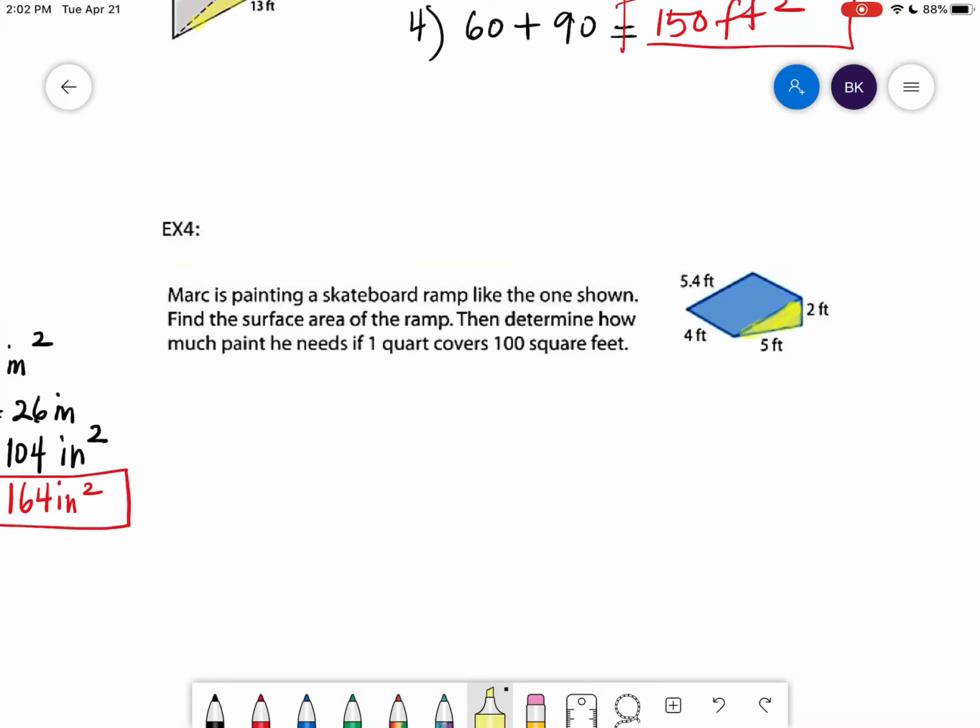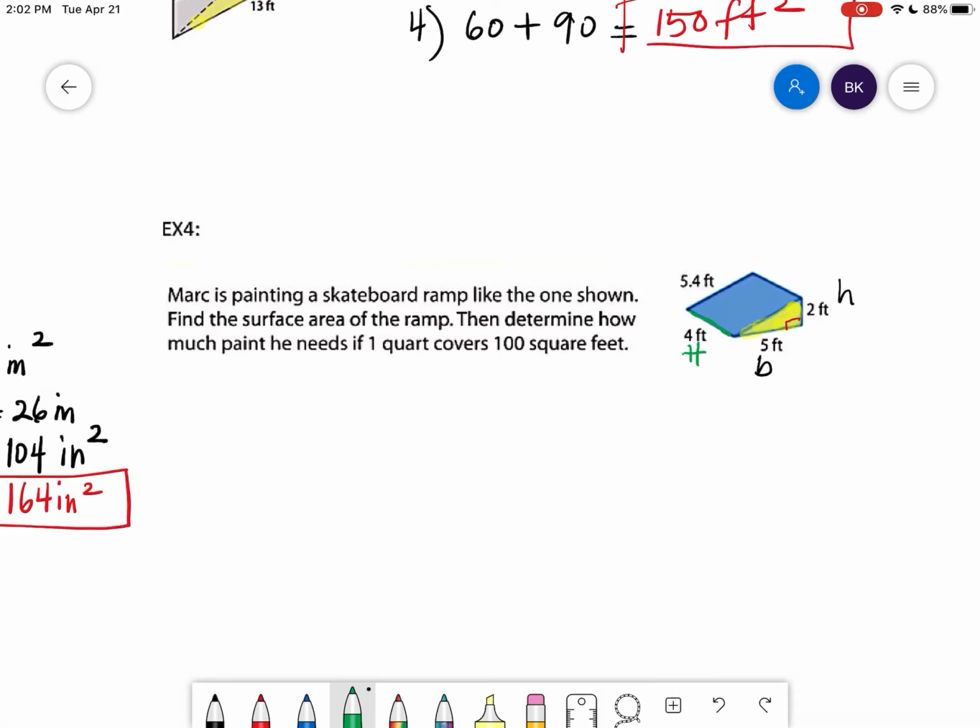And I don't see a little box, but I can easily tell that this is a right angle, so that means this is going to be base and height of the triangle. And since the highlighted area is the base, I know that 4 is going to be the height of the entire prism.